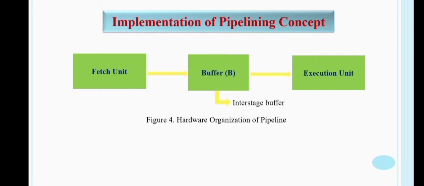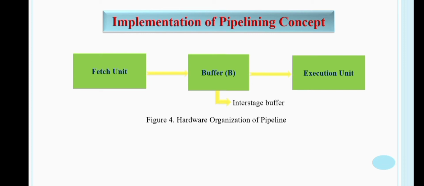Here, the two separate modules are the fetch unit and the execution unit. In between both modules, there is an interstage buffer. Interstage means it is a unit present between the fetch and execution unit.